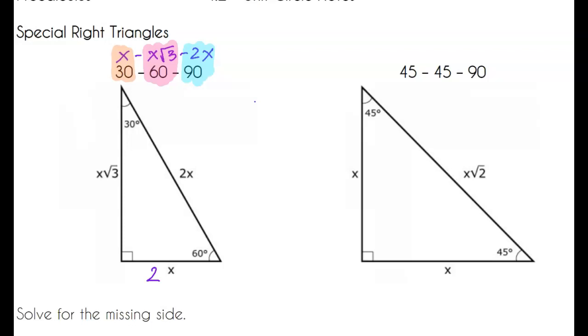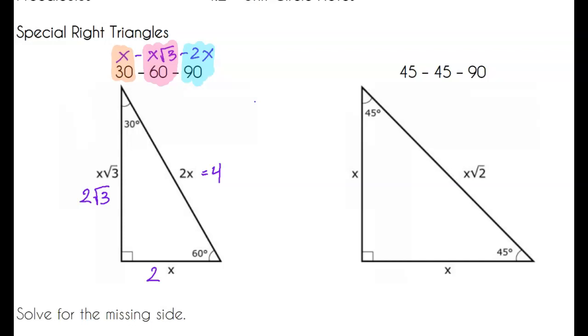So wherever I see an x, I can substitute 2. So the side across from the 60 would be 2 square root 3. What would the side across from the 90 be? Yes, 2 times 2, which is 4. So this is just an example. This is how you can know side lengths on a triangle when you're only given one side without using your calculator.